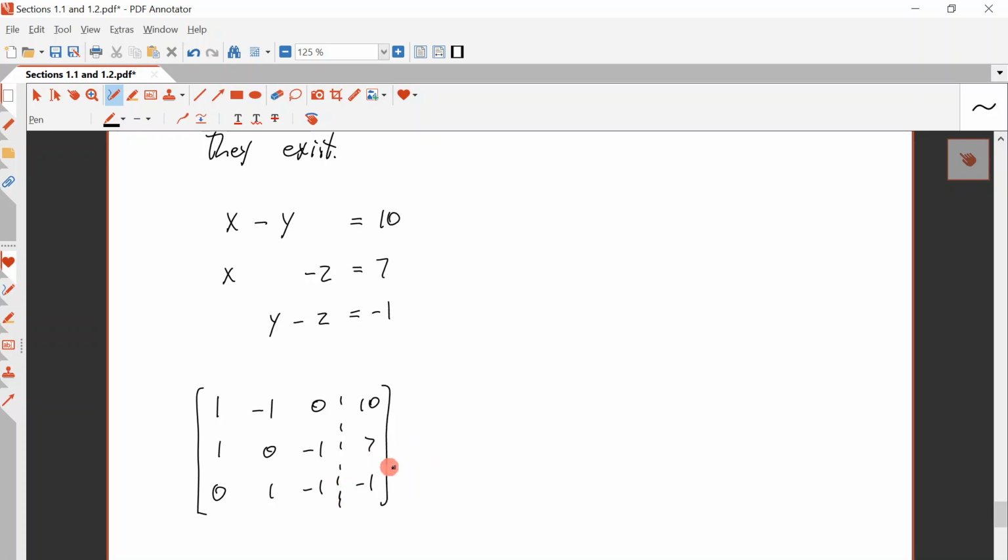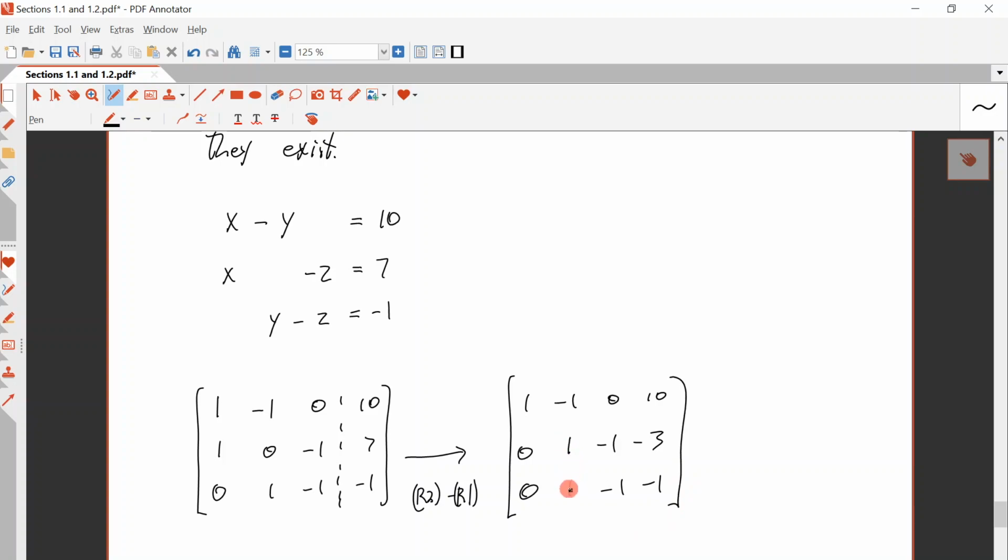All right, I'm going to take row 2 and subtract from it row 1. So 1, -1, 0, 10. 1 minus 1 is 0, 0 minus -1 is 1, -1 minus 0 is -1, 7 minus 10 is -3. Then 0, 1, -1, -1.